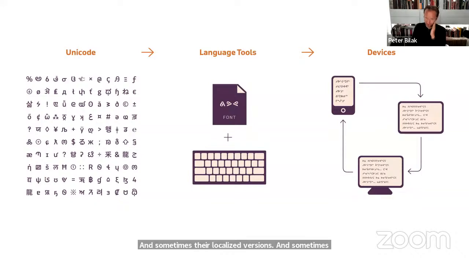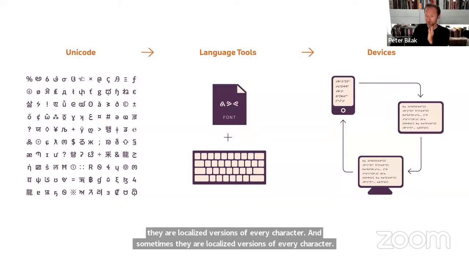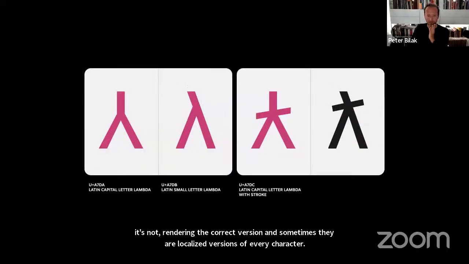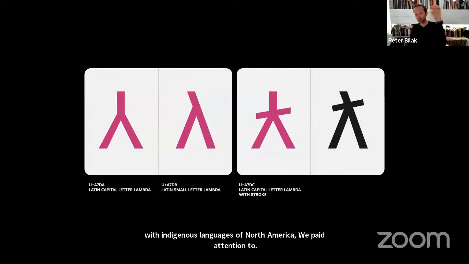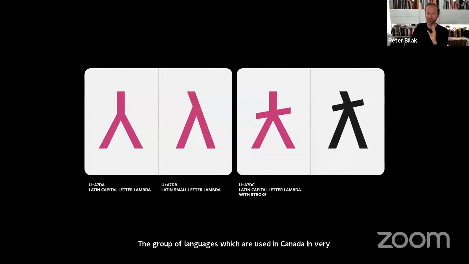And during this work with indigenous languages of North America, we paid attention to the group of languages used in Canada, in the very north of Canada and in British Columbia. There's the Haíɫzaqvḷa community, for example, used in the Bella Bella community, which we came to realize was missing a couple of characters for the full representation of the language.